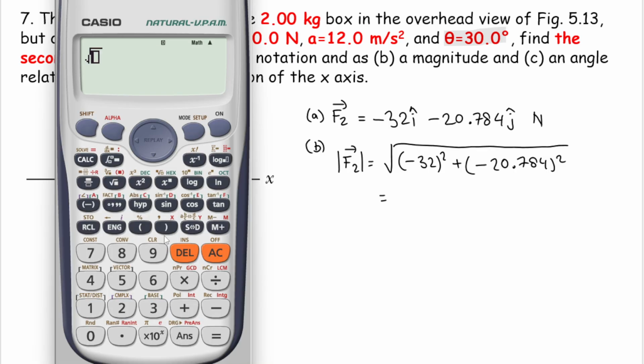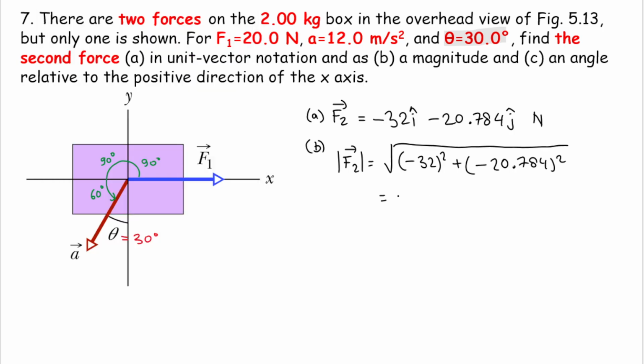So we'll have the square root of minus 32 squared plus minus 20.784 squared. Okay, so I'll have 38.16 or 38.157. 38.157, and the unit here will be in Newtons.